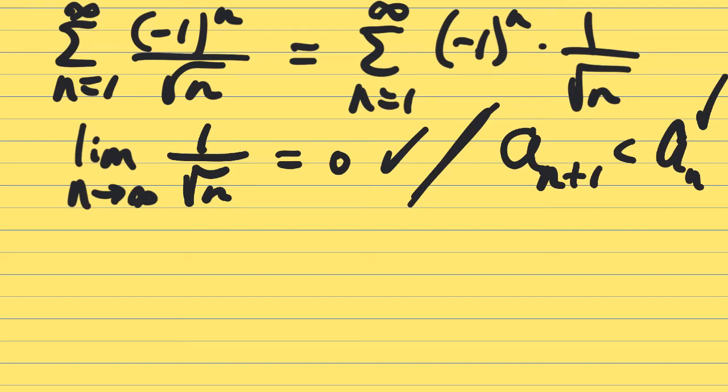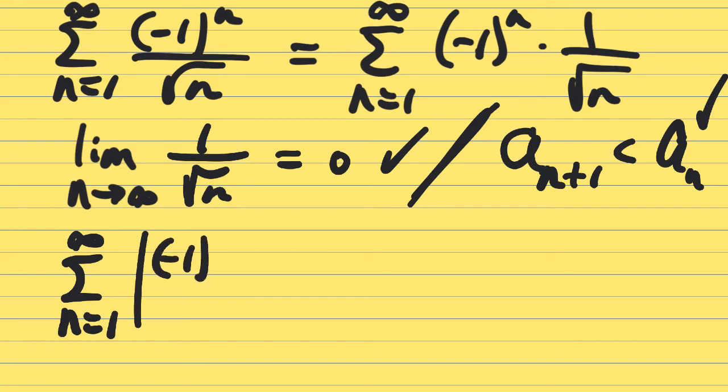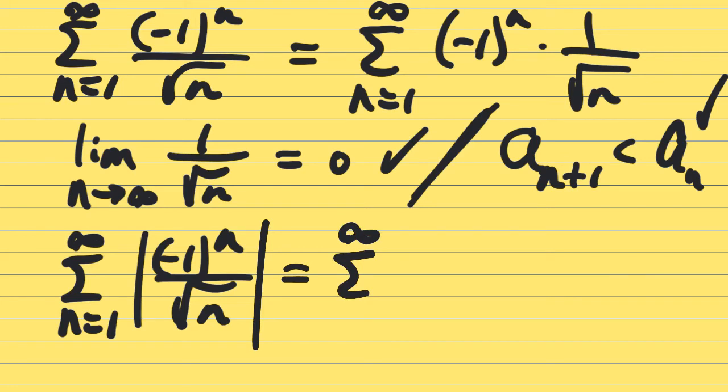Now, as far as absolute convergence, if we were to take the absolute value of the original, let's think about this. The negative 1 to the n term is simply there to alternate from positive to negative back and forth.